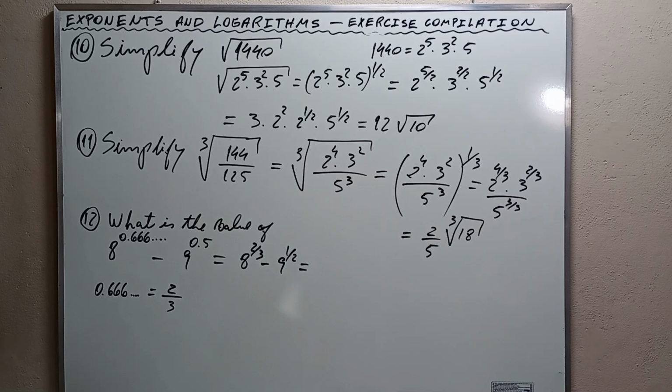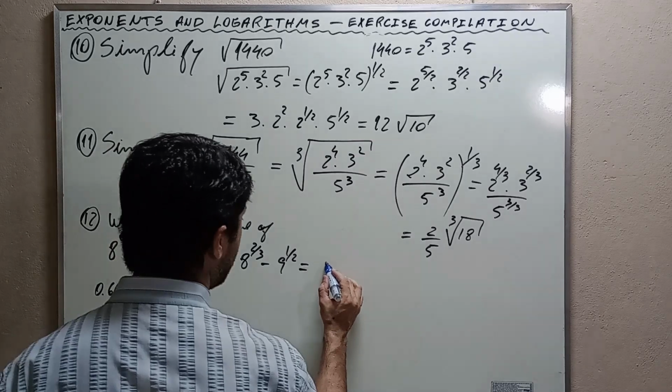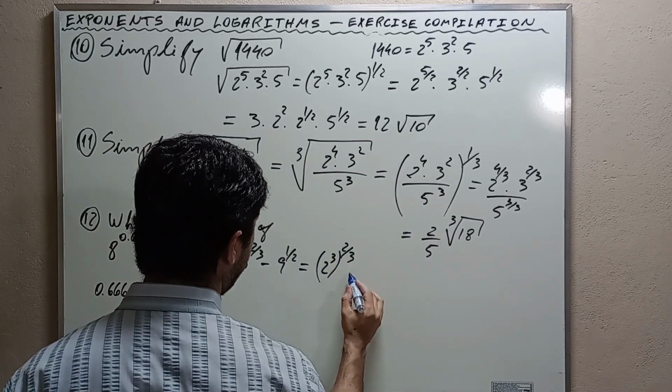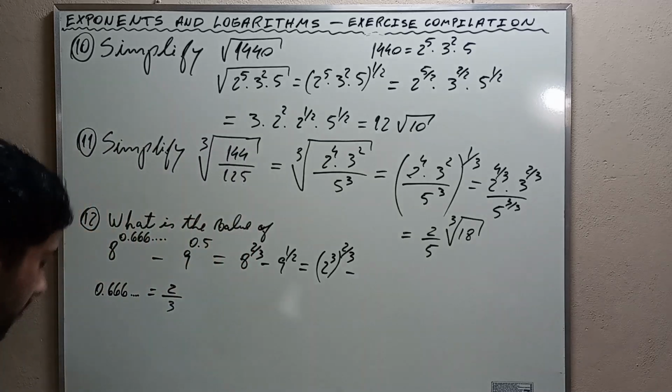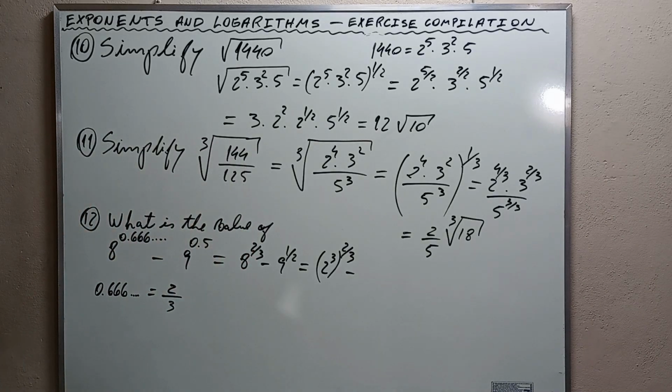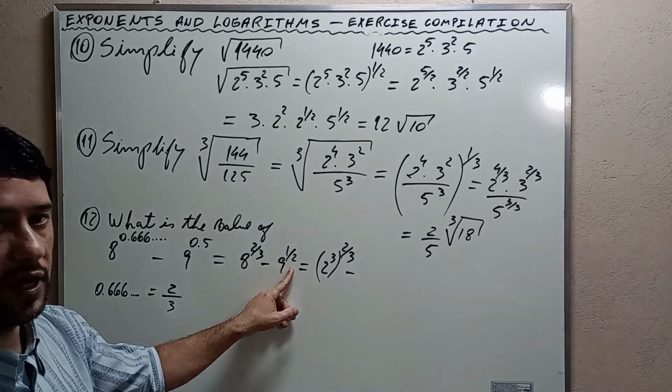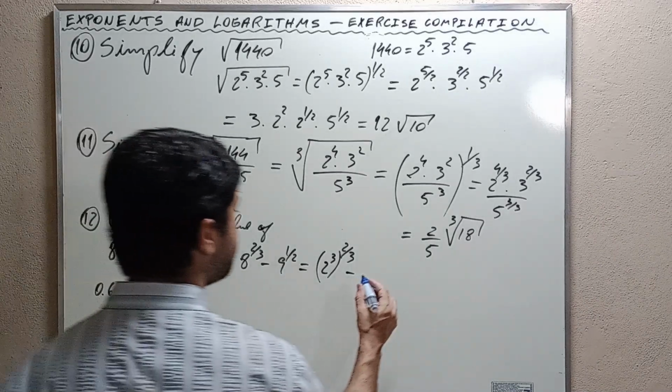Observe that 8 is 2 cubed. Okay, so it is 2 cubed to the power of 2/3, minus 9 raised to the power of 1/2, which is the square root of 9.